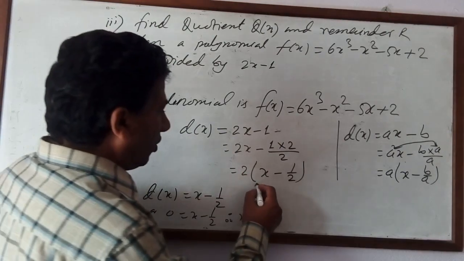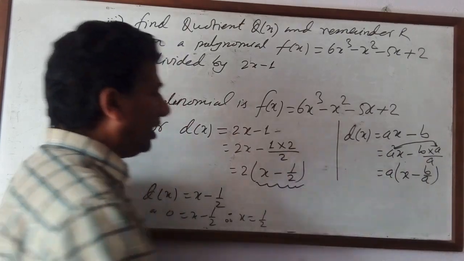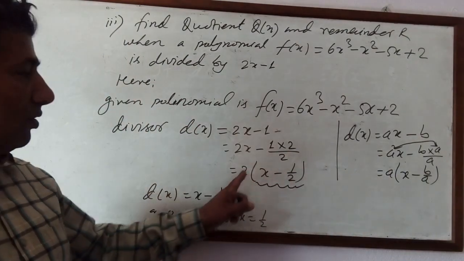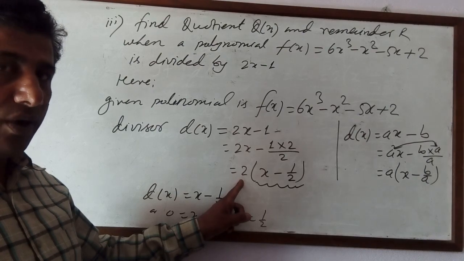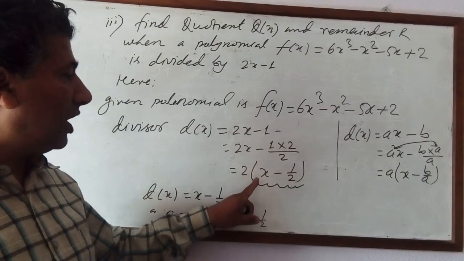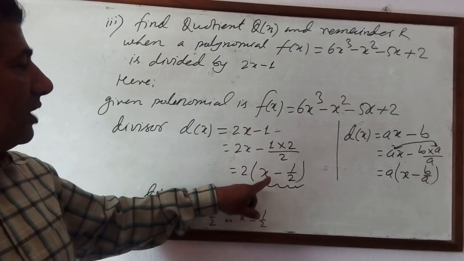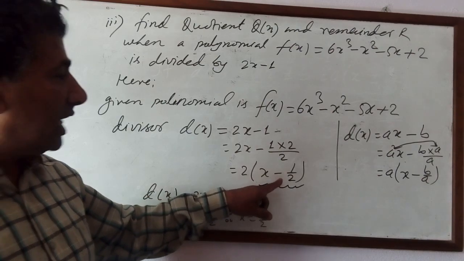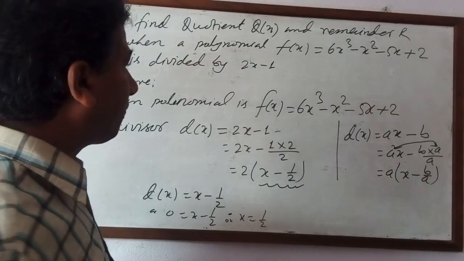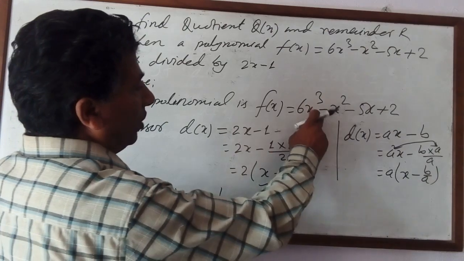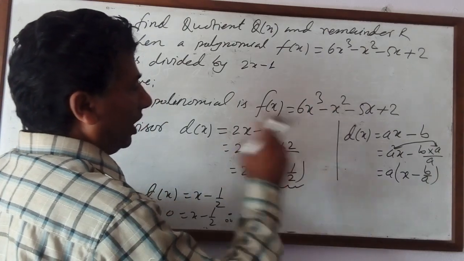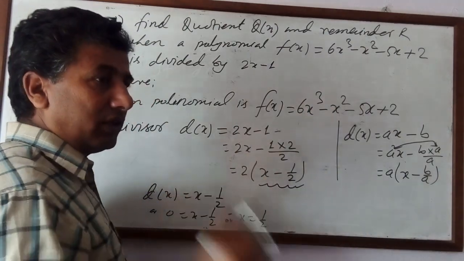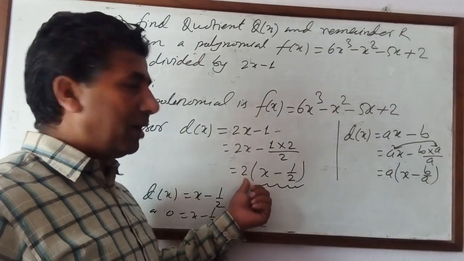Now we are going to divide the polynomial only by x minus 1 by 2, not by this 2 right now. We are going to use synthetic division for this divisor only, x minus 1 by 2. Now we divide this polynomial by this x minus 1 by 2 and we will find q1. Then that q1 we again divide by 2.